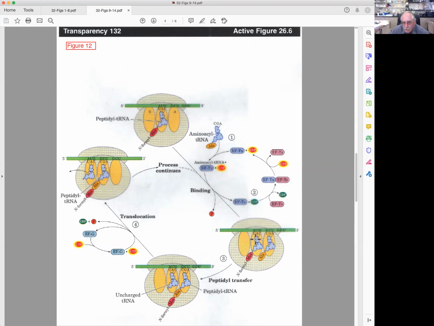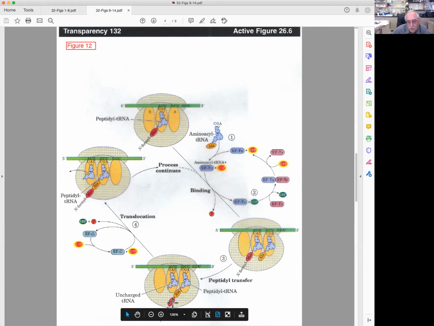Notice that this was what was here first, right? What was here first, what was existing, is then transferred to what just came in. Okay. See that? So we started off with methionine. That was the beginning of the polypeptide, right?